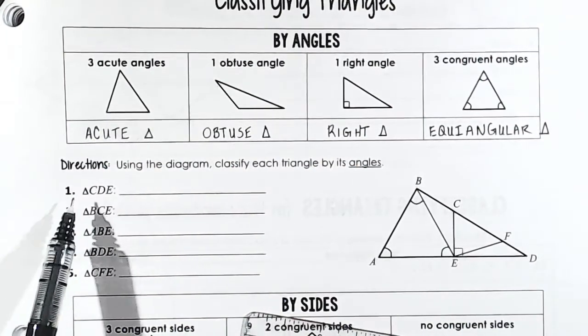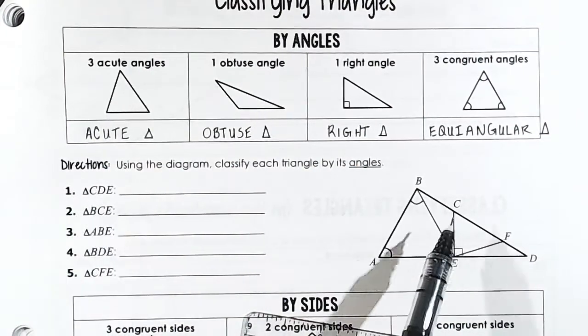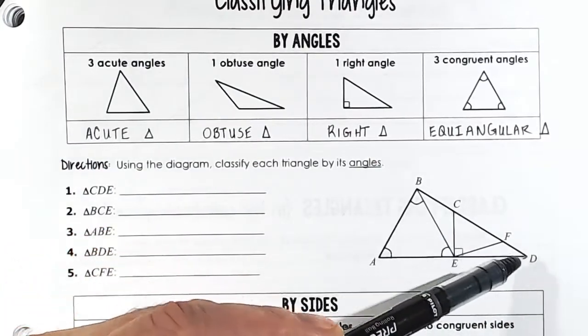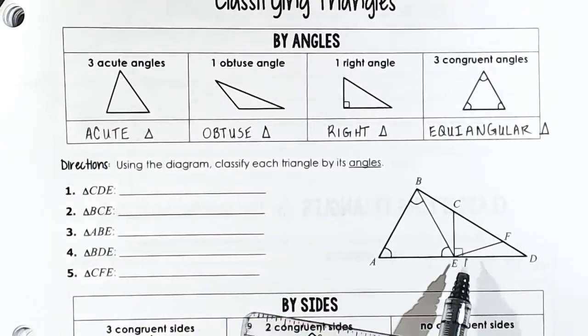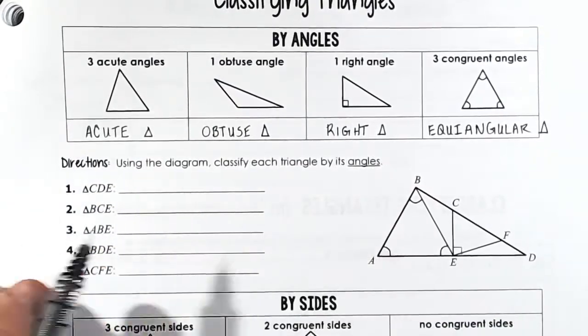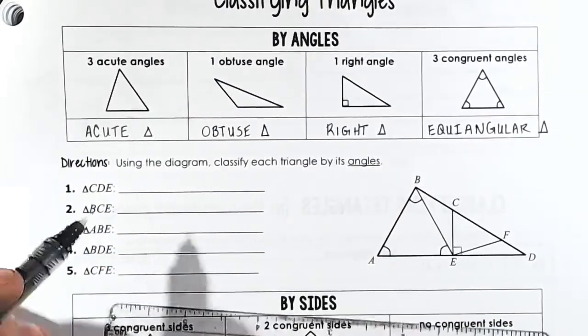So triangle CDE. Oh, I see. This bigger triangle here has a right angle at angle E, so triangle CDE is a right triangle.